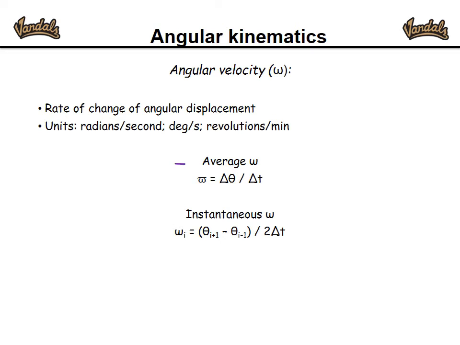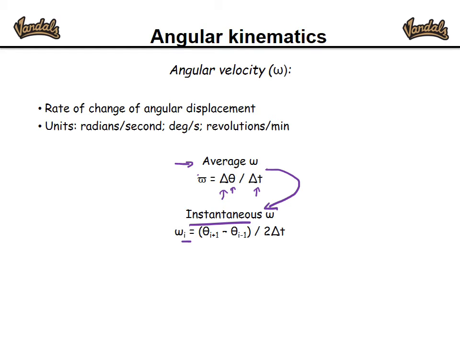Here we have average omega, or average angular velocity. This sign over the omega is just the average symbol. Here you have your change in angular position over change in time. How this equation differs from this equation is, again, the concept of instantaneous.